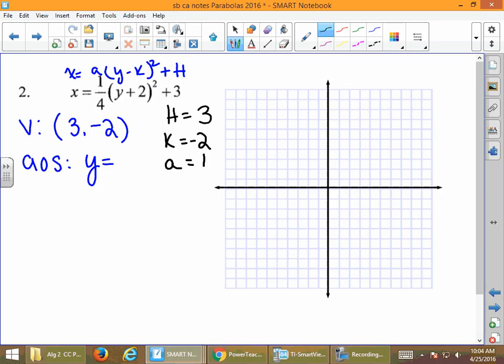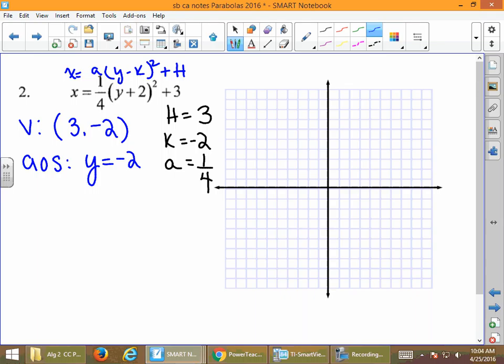And a equals 1/4. And certainly if we have those values identified, it makes following the formulas a little bit easier. So it's y equals k in this case, which is going to be y equals negative 2. Axis of symmetry is still a line that's going to split the graph in half. When we fold it in half, one half is going to land on the other side.